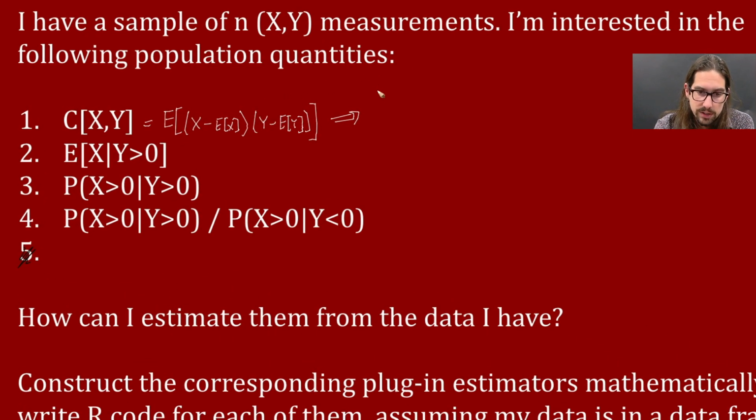So this outer expectation becomes 1 over n times the sum over i from 1 to n, and for the observed values it's xi minus the expectation of x, which I need to compute, and then the same thing for y.